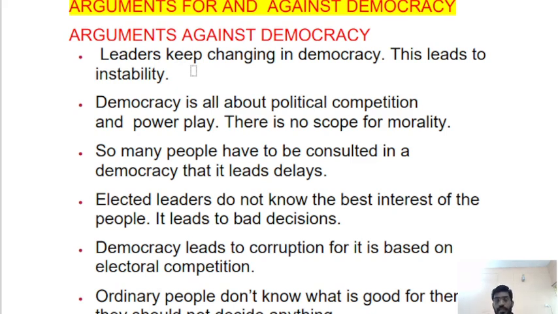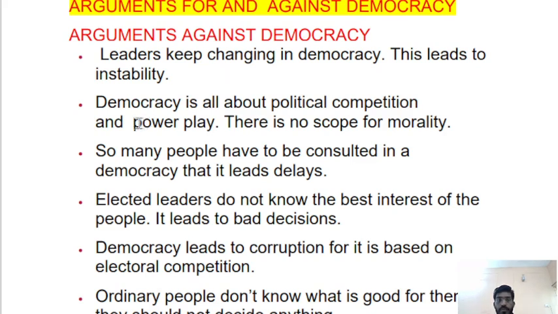This leads to instability. Yes, in India, after every 5 years, elections are conducted. In those elections, the previous persons may lose or may win. If they lose, the persons will be changed. Here, instability will occur.